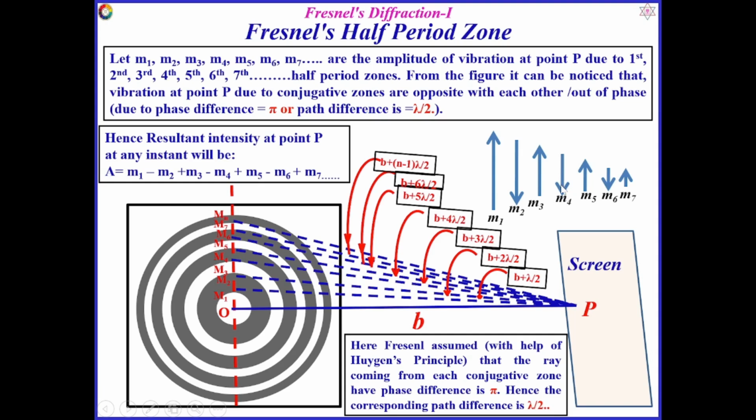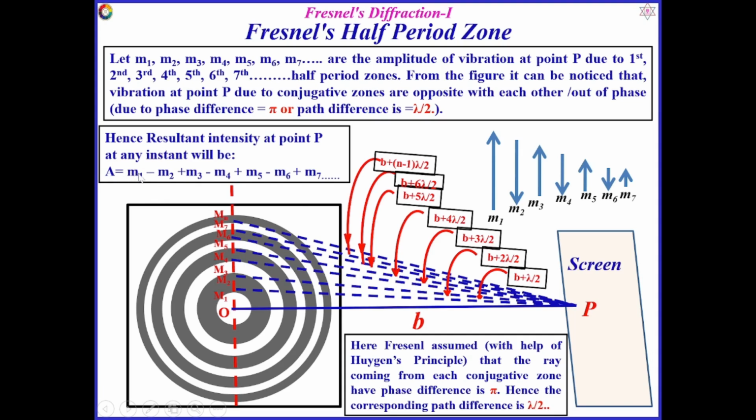So if we consider the resultant intensity or effect at point P, we have to add all the amplitudes. The resultant amplitude at point P will be M1 minus M2 plus M3 minus M4 plus M5 minus M6 and so on, because the vibrations of amplitudes for consecutive zones are opposite to each other.